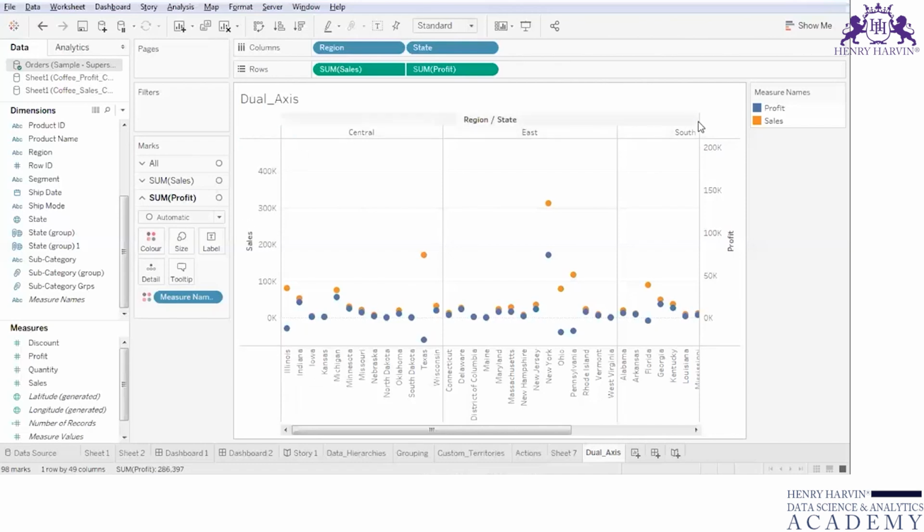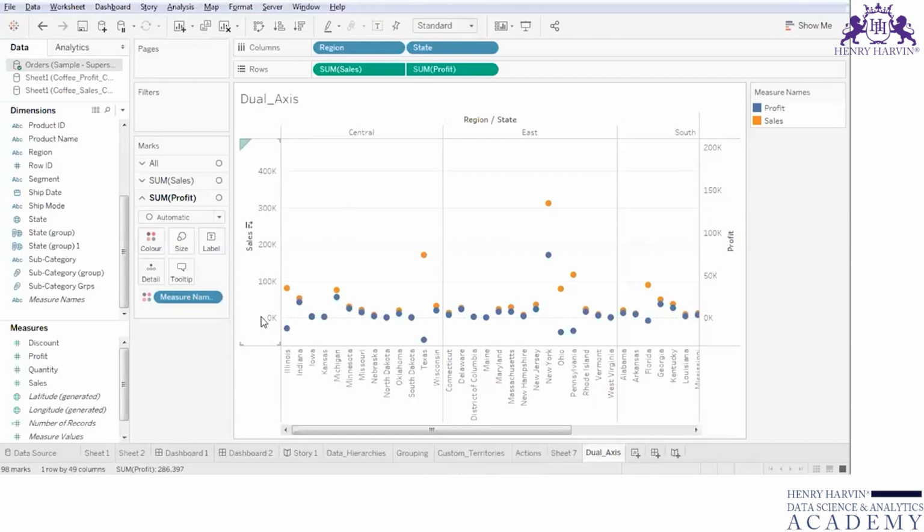Now in case of sales, all the values are quite above 0k, meaning almost all the sales are at least positive. But in case of profit, there are some values which are negative. Had there been only one scale, either only sales or only profit, the scale would have been adjusted based on one measure only.